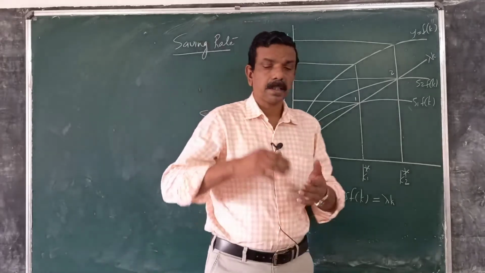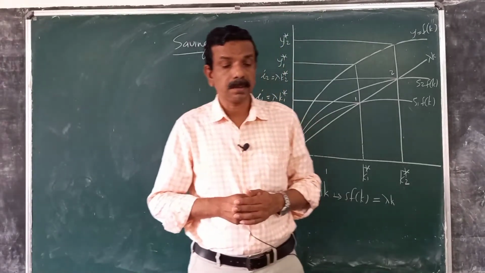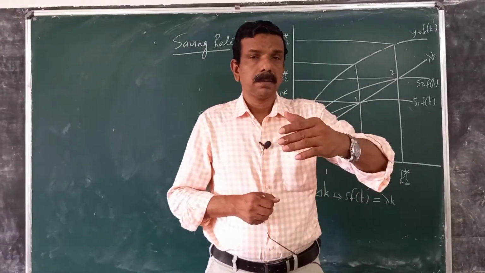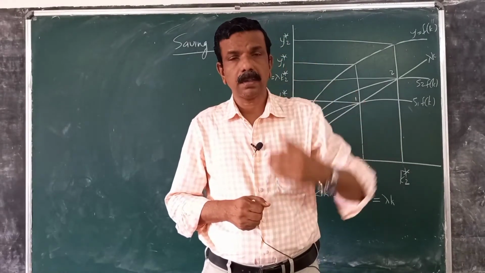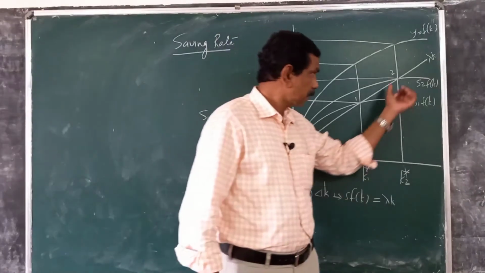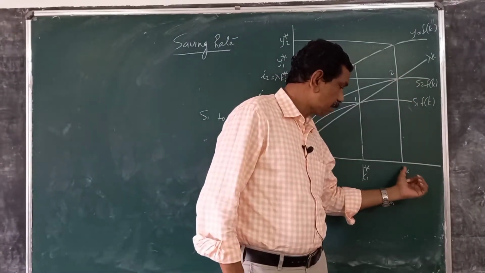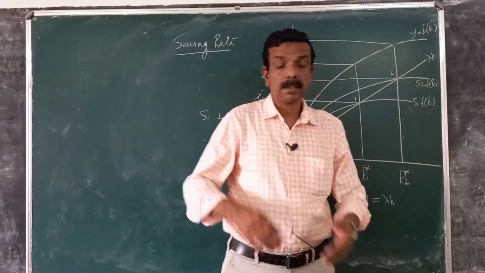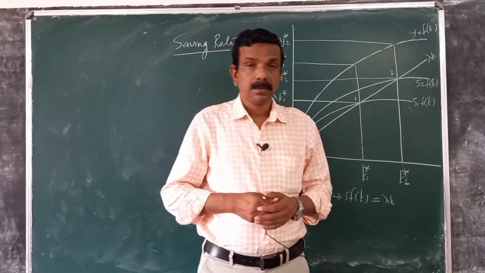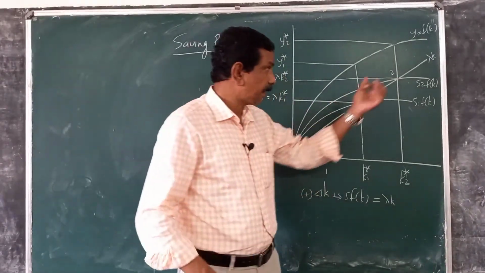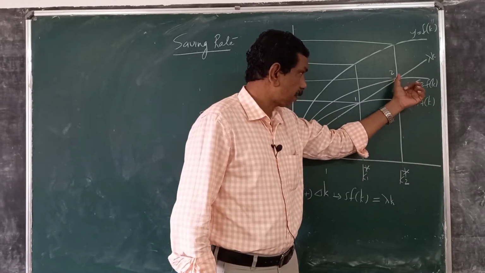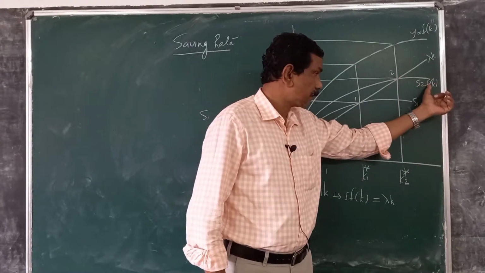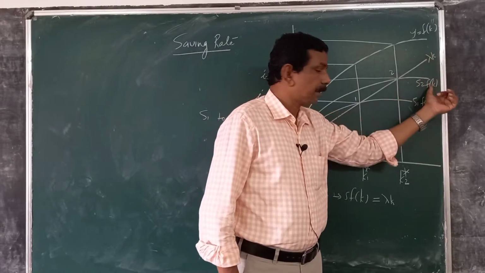So delta K, the change in the capital labor ratio, is positive, and K by L keeps on rising until K star 2 is reached, where again the savings per head or investment per head is equal to depreciation per head.